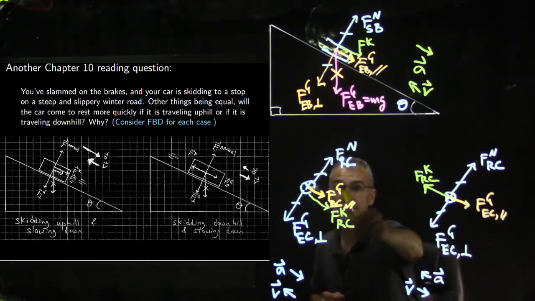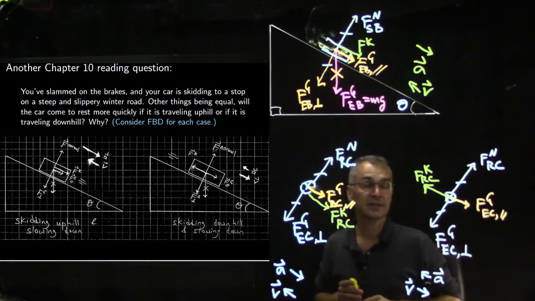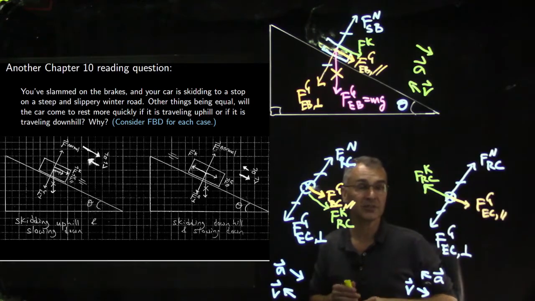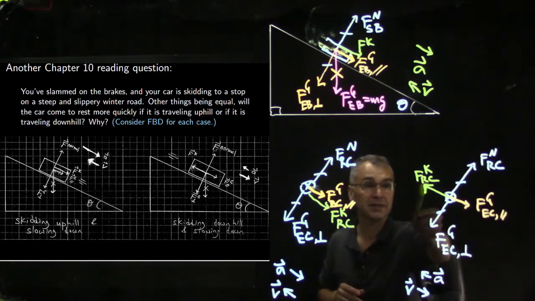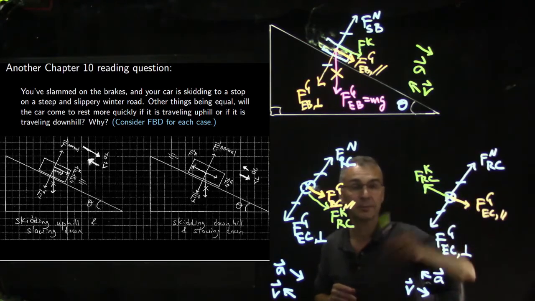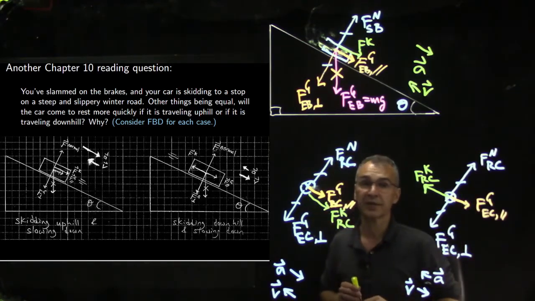Well, here I have two downhill arrows helping one another. Here I have an uphill arrow and a downhill arrow, and they're somewhat opposing each other. The green arrow, the friction arrow, wins, but it's being hindered rather than helped by gravity. Here the green arrow for friction is being helped by gravity.